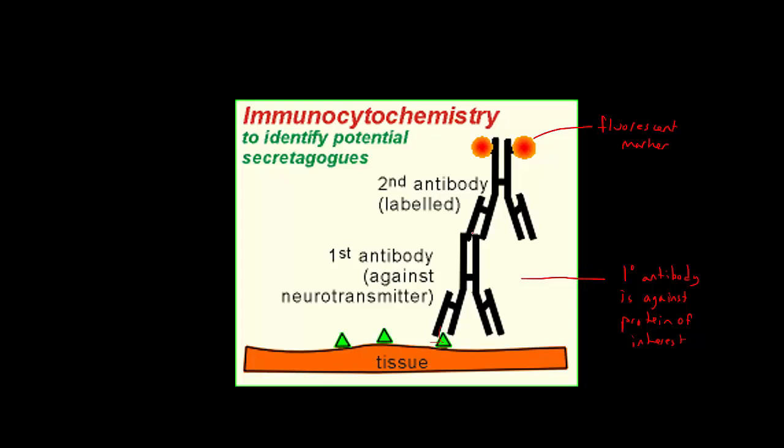This second antibody, everything after is just amplification, amplifying the signal. Here it just shows one bound to this, but actually we can get 10 or 20 of these molecules bound to it. So we'll end up getting brighter and brighter.